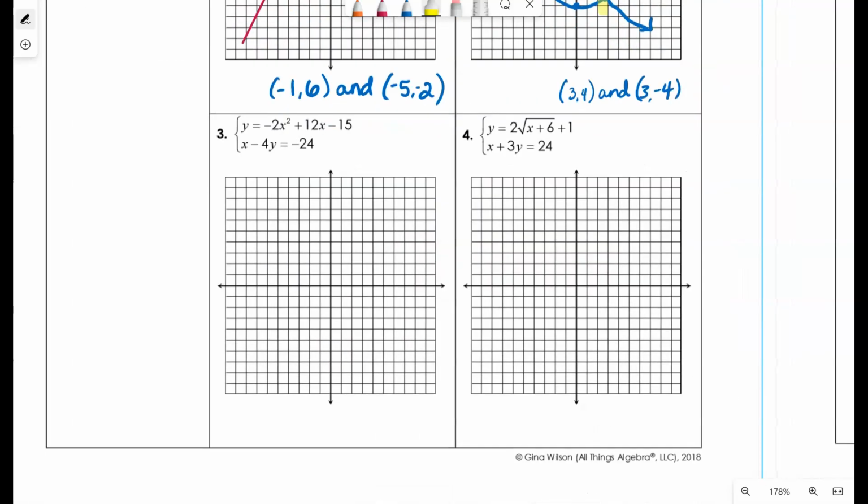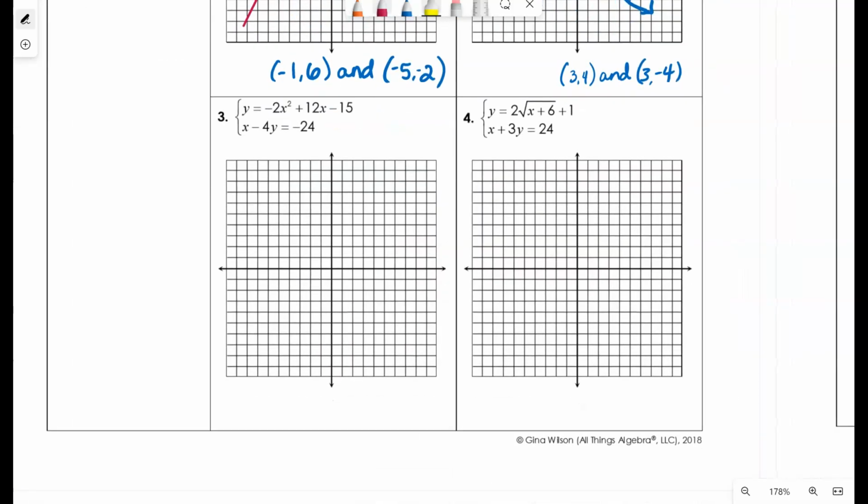So then when we were looking at this one, remember we did have that point there that was going through. This was going to be no solution. So we were centered at 3, 3. Okay, so the parabola was going this way.